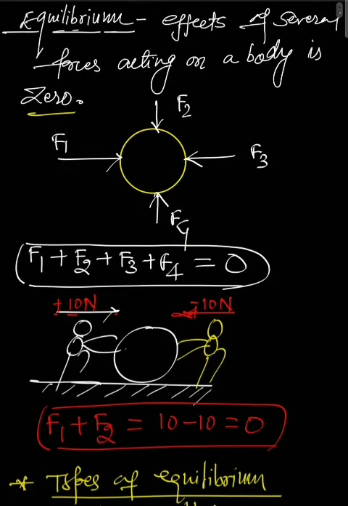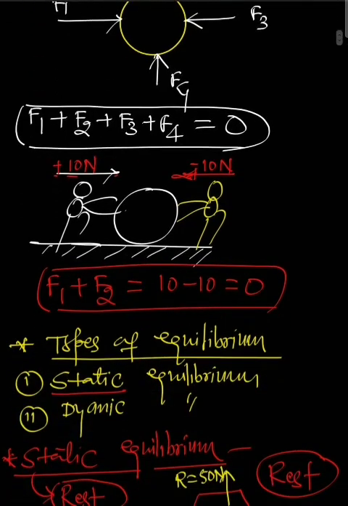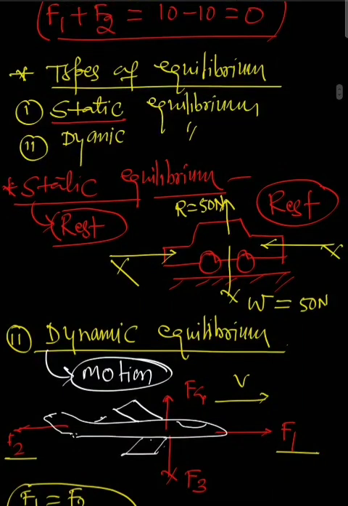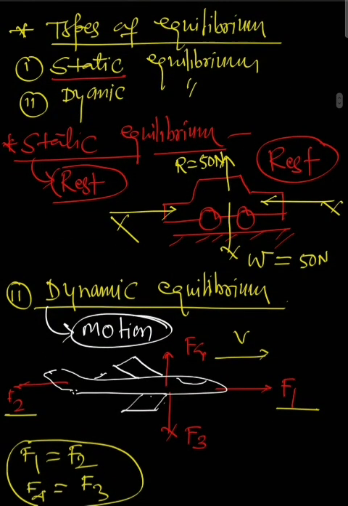Okay, so what I have discussed: first, equilibrium. Equilibrium means when several forces are acting on an object and there is no effect of those forces on that body, meaning the body will remain in rest position, then we can say that body is in equilibrium. Then we have discussed types of equilibrium: static equilibrium and dynamic equilibrium. Static equilibrium means when any object is at rest position and the effect of all the forces is zero.